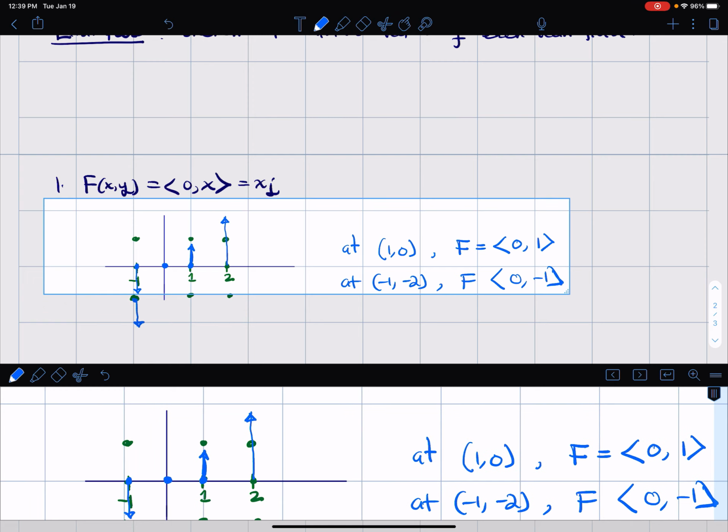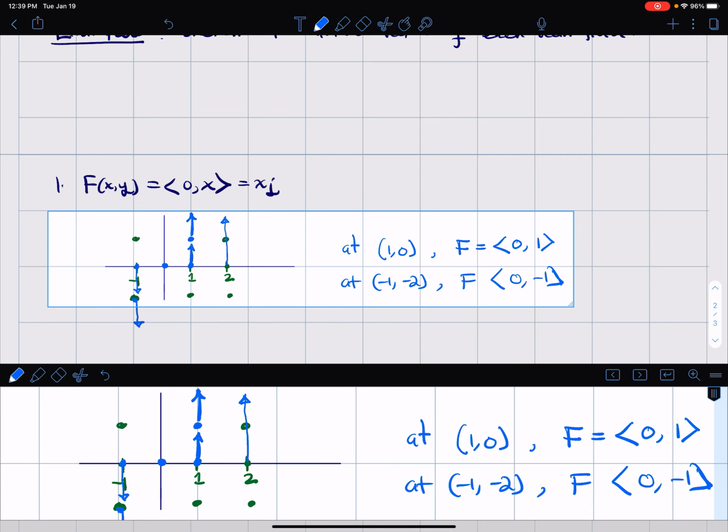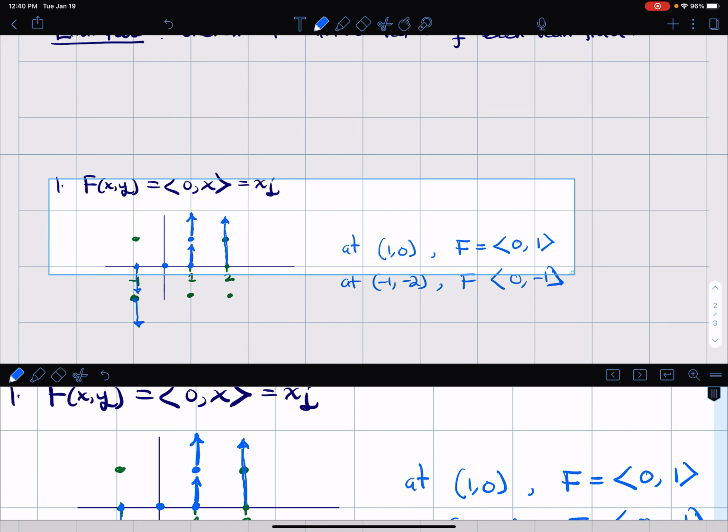Okay, so how about at this point? At the point 1, 1, it's still going to be 0, 1, and so forth. So think about this. We're seeing a pattern here. If we're at 1, we have vectors that are just moving upwards 1 unit. If we're at 2, we have vectors that are just moving upward 2 units, no matter where you start.